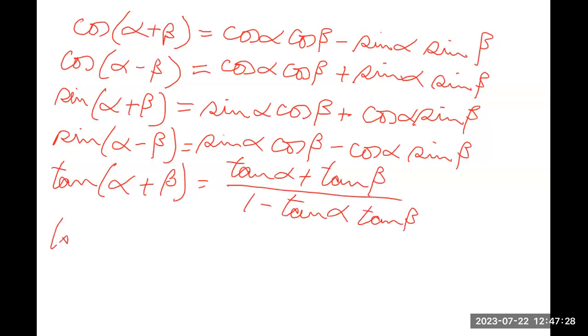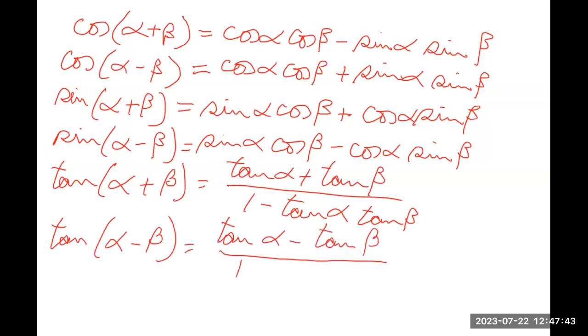And then the last one is a tangent of a difference of two angles. It's tan alpha minus tan beta over 1 plus tan alpha tan beta.